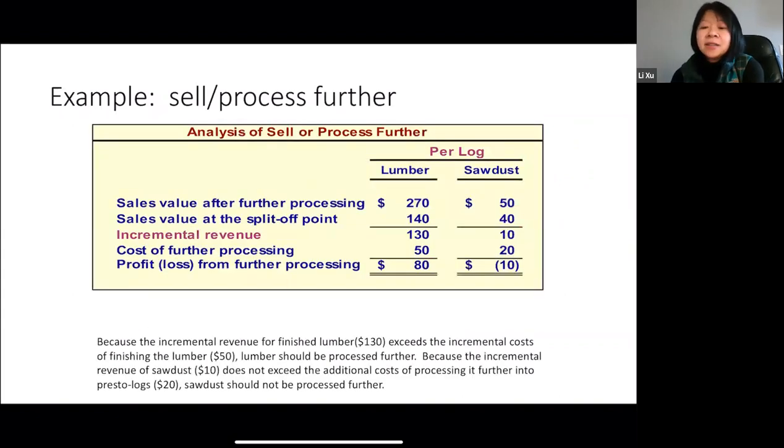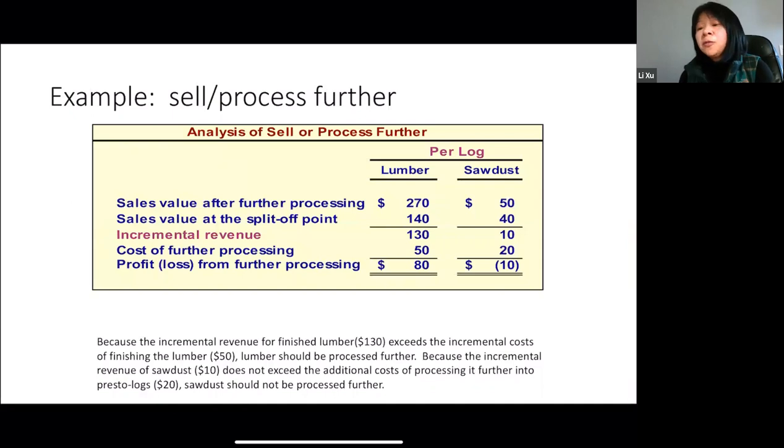First, figure out the incremental revenues. If you're going to sell at the next stage, for lumber, you can get $270, sawdust, $50. But you have to give up the revenue you could get at the split-off point, okay?